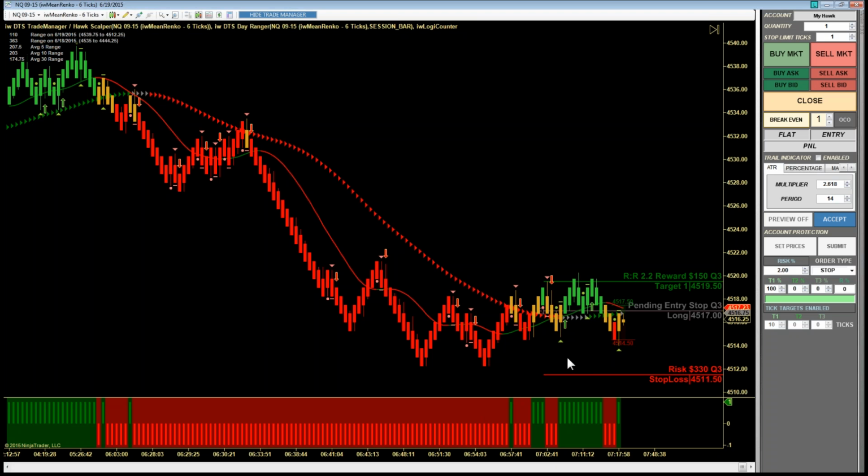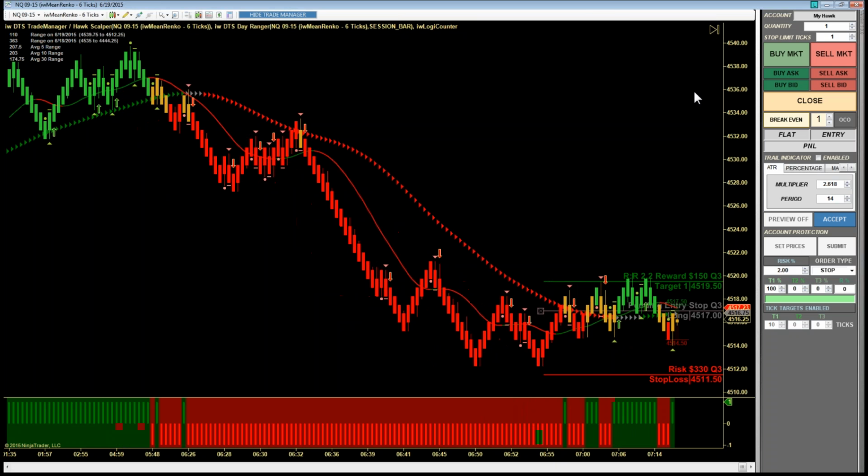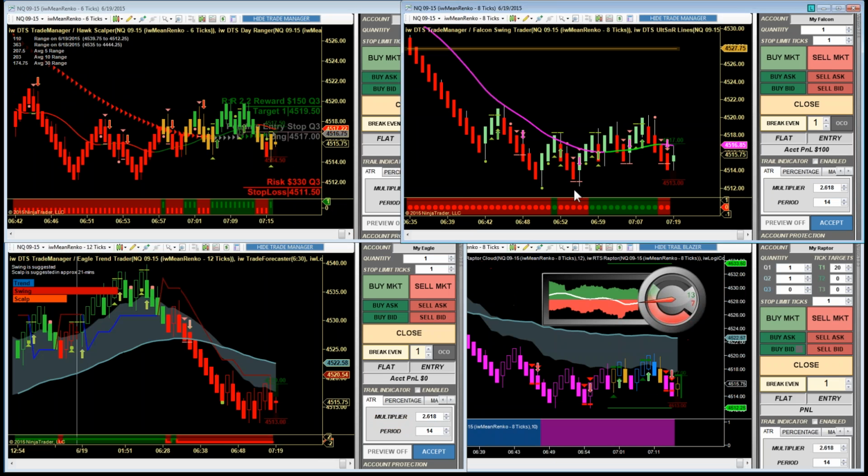If you're looking for a trade to follow in on, that's probably not it. But it is one of the signals that we look for, a red bar buy. So let's see if anything comes of it, because there's not much else going on right now.